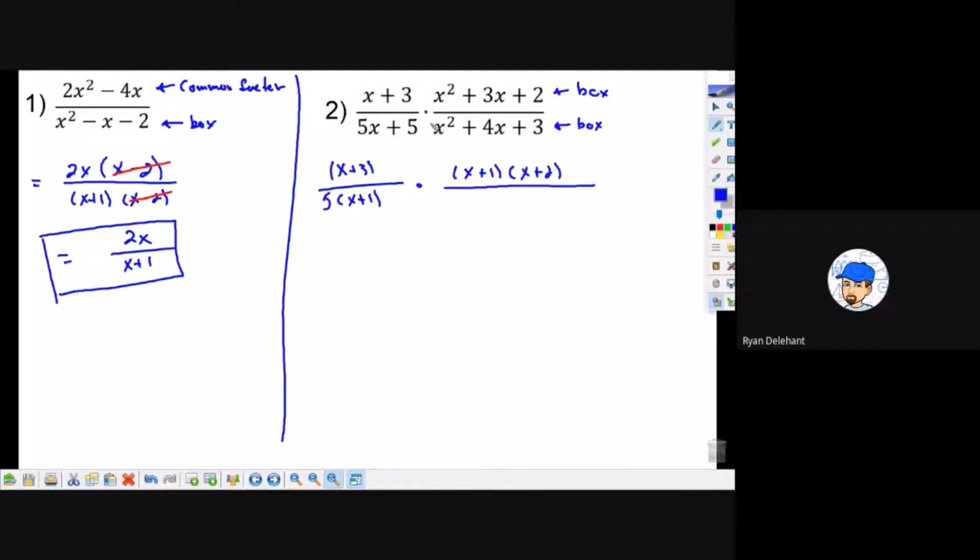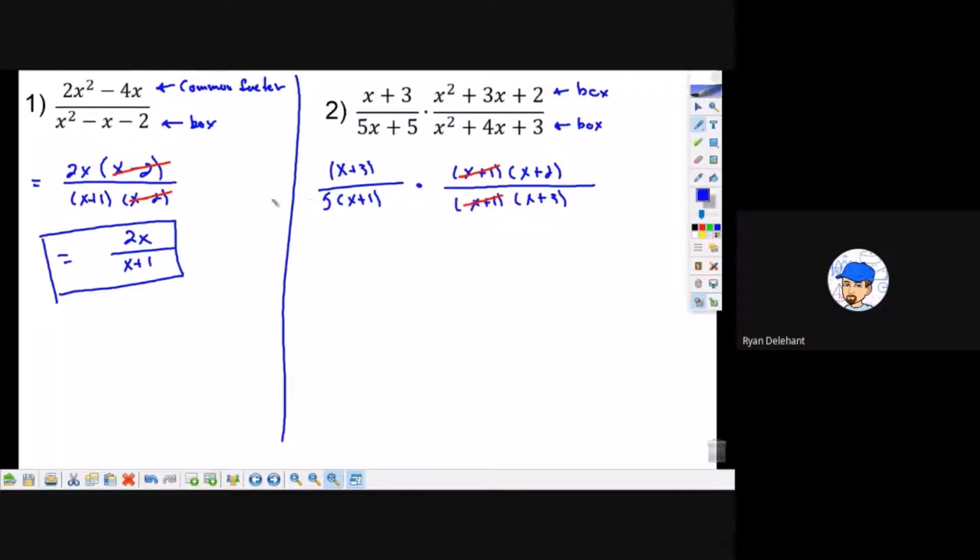The lead coefficient is 1 again on this quadratic, so it means we can read it from the back. We're looking for the factors of 3 that add together to 4. So that's going to be 1 and 3. That's plus 1 and plus 3. And now let's cancel the things that are the same in each. So that's going to cancel. Nothing in this one. Now, since I'm going to multiply this, really this thing isn't 2 fractions. It's really 1.